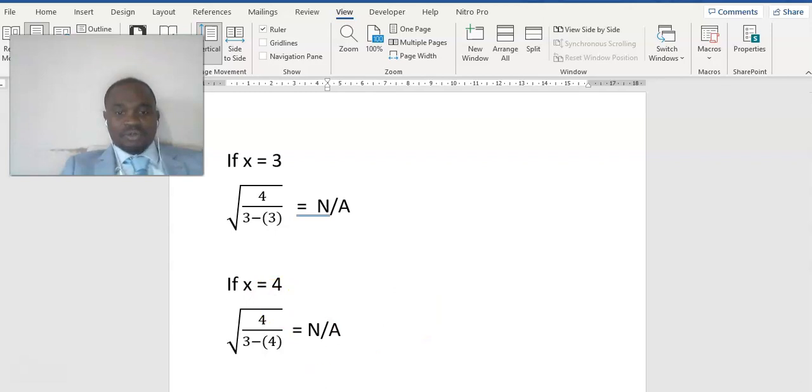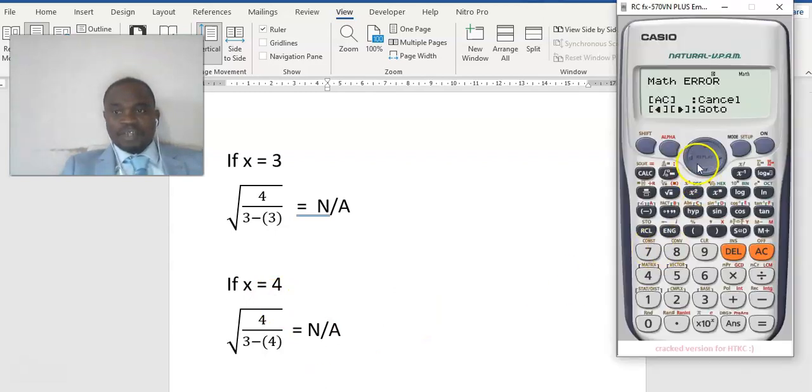Then here also, if I substitute 4 there, so first I have 4, then 3 minus 4, what would that give us? Error, so it's not applicable.